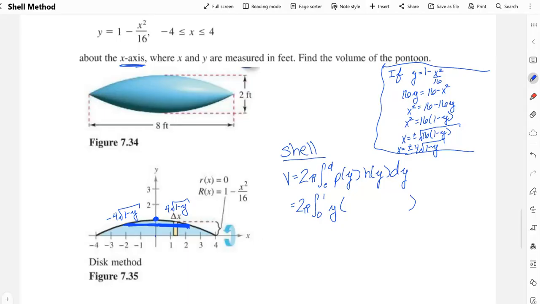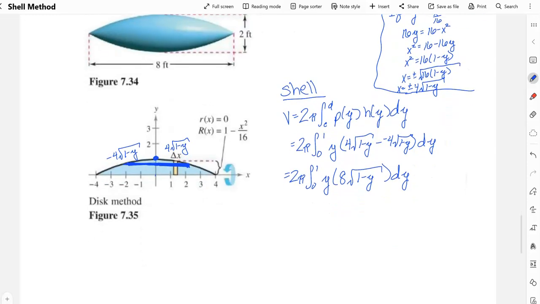So it would be right side minus left side: 4 square root 1 minus y minus negative 4 square root 1 minus y times dy. That's the same thing as 8 square root of 1 minus y times dy. So there's my setup for that.